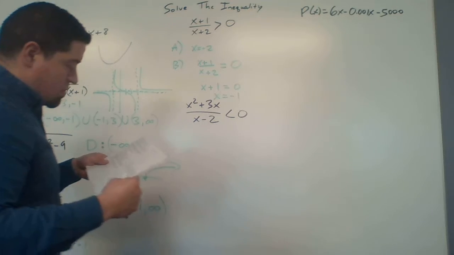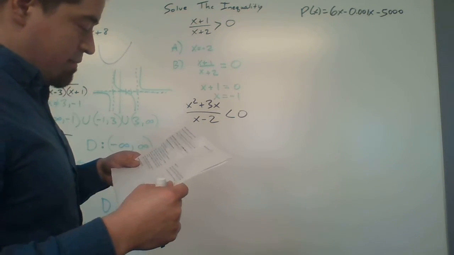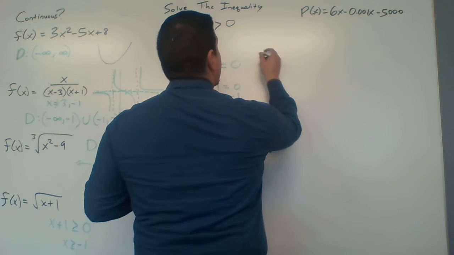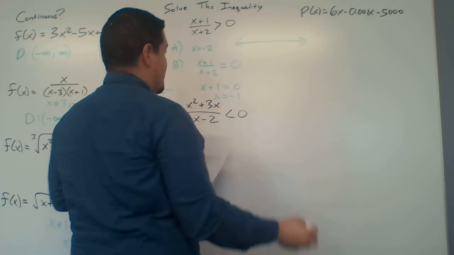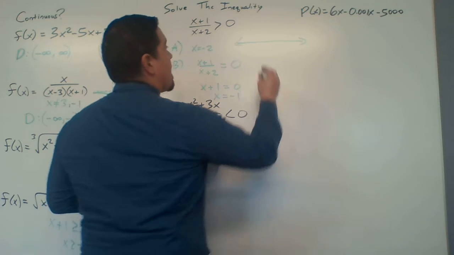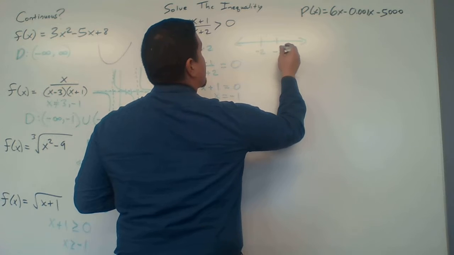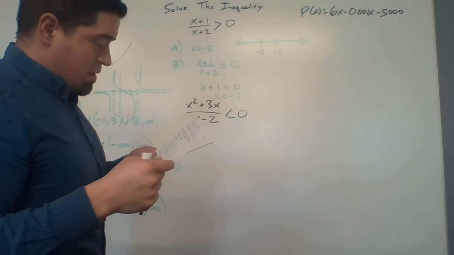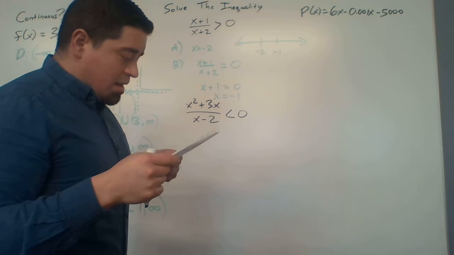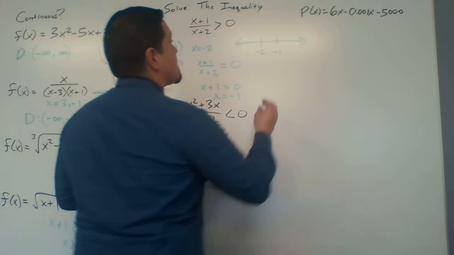So step 2 would be to plot the numbers found in step 1 on a real number line. Okay, a number line, meaning what it sounds like, a number line. So I'm going to graph -2 and -1 on that number line. So that is done. And then step 3, select a test number in each open interval. So this has a couple of intervals.